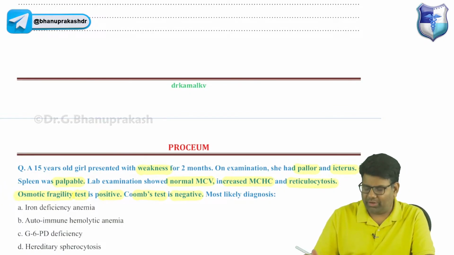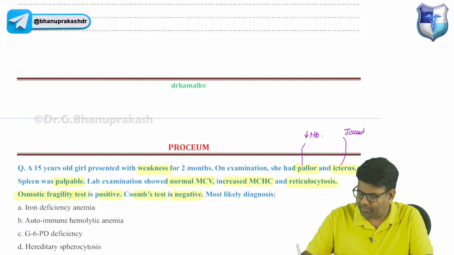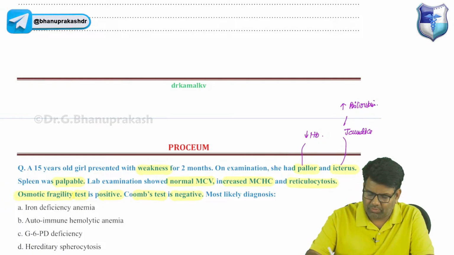So let us evaluate the words. There is pallor, it means low hemoglobin. There is icterus, it means there is jaundice, which suggests there is increased bilirubin. And what is the source of bilirubin? Bilirubin is actually coming from breakdown of RBCs.